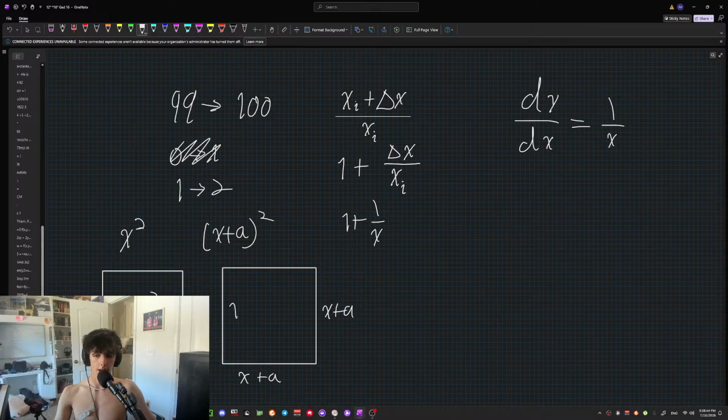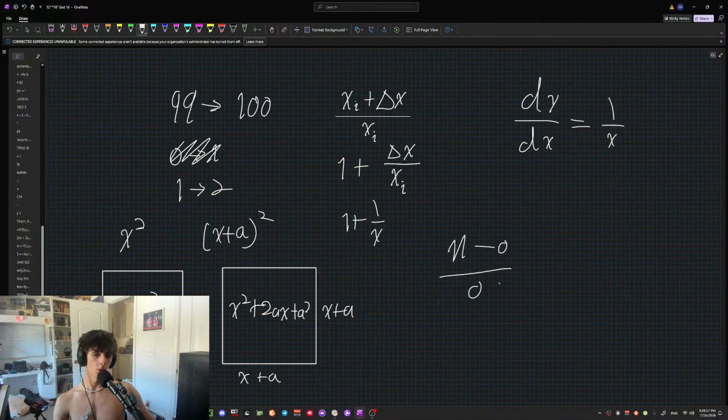That's on the inside x squared plus 2ax plus a squared. So, okay, a pattern I'm starting to notice here is it's kind of new minus old over old.